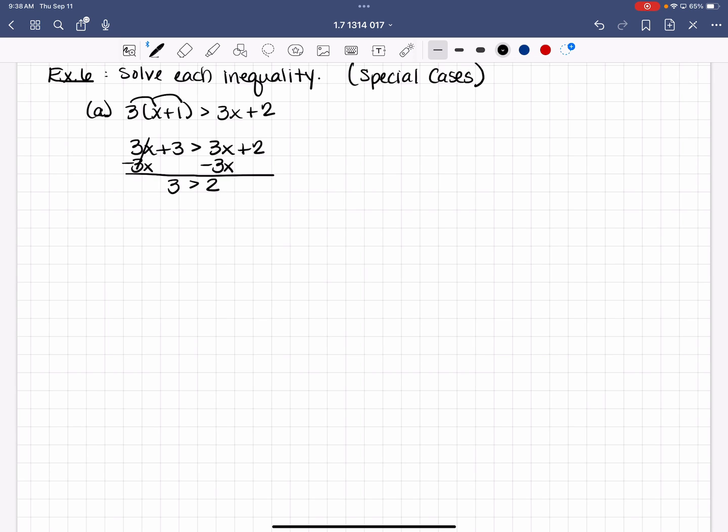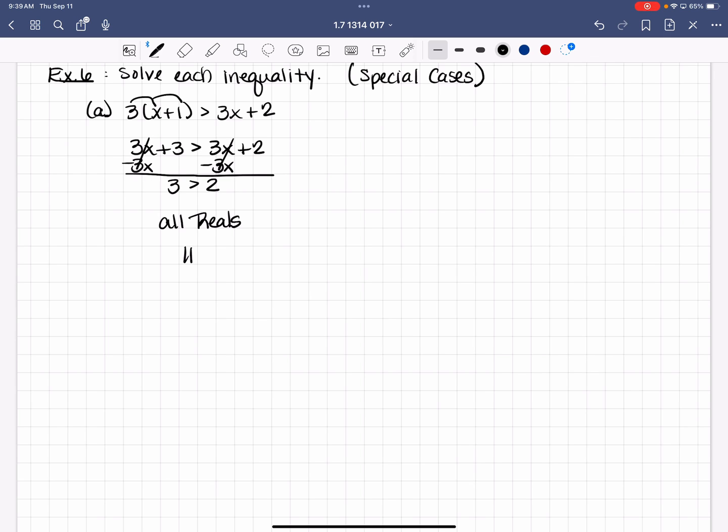Where did they go? Well, they can go away. But you can't solve for x because there's no x left. So you got 3 is greater than 2. Is that true or false? It's true. Since it's true, that means you're going to write all reals.